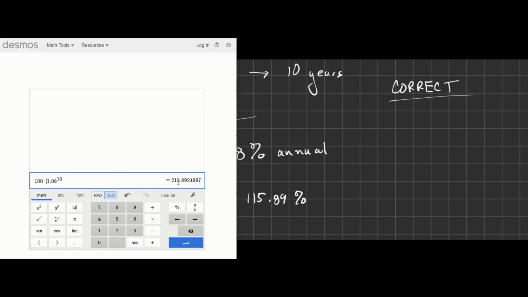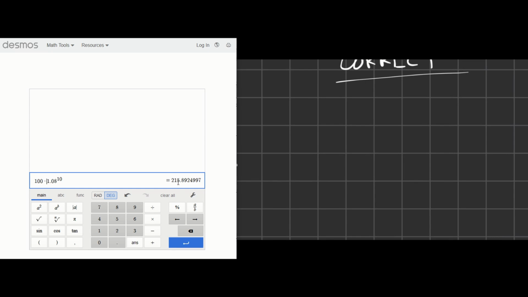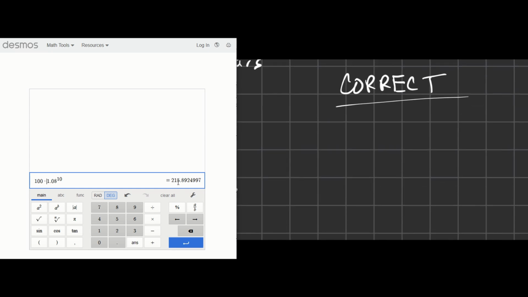Well, to do this correctly, we need to start with our exponential return formula. That tells us that the final amount of any initial amount or principal value is equal to the principal times 1 plus the return raised to the number of years that it has been compounding.